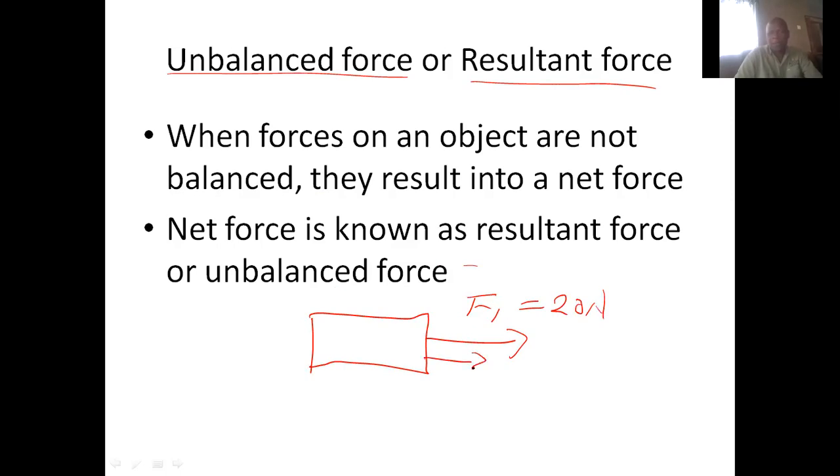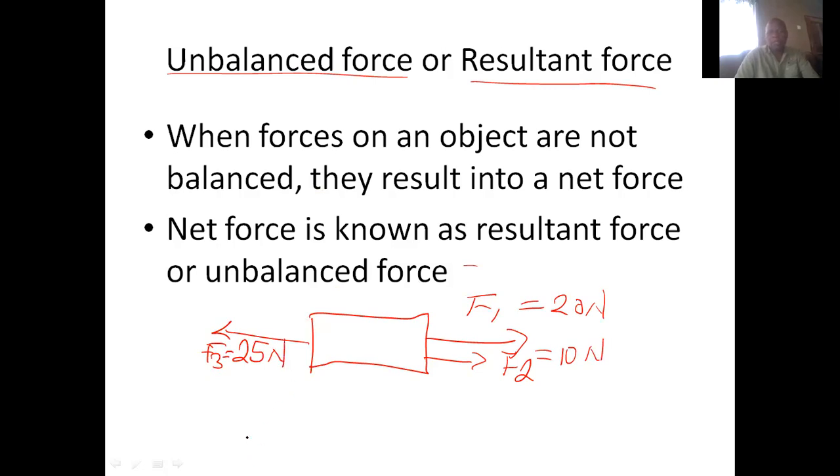Another force, force 2, which is 10 newtons. And on the other side, you have force 3, which is 25 newtons.